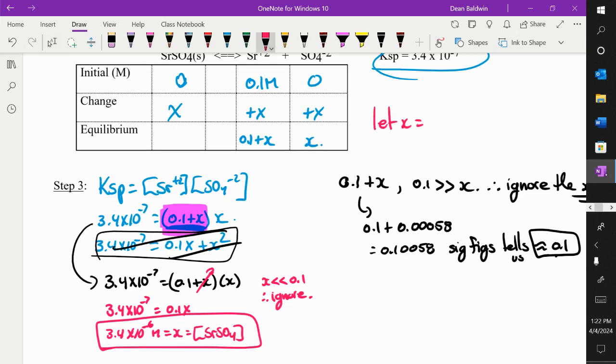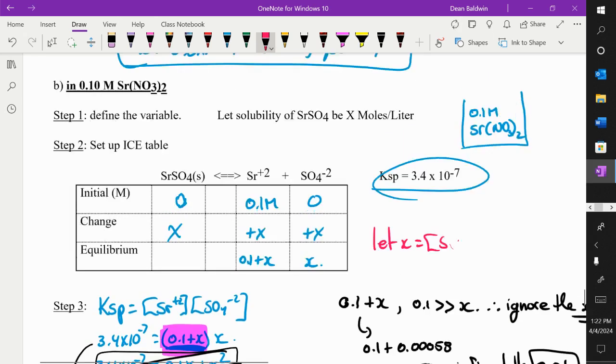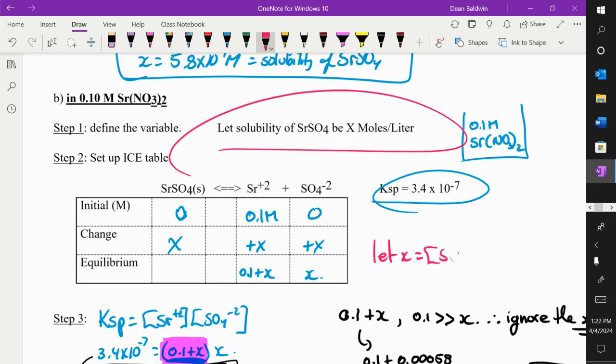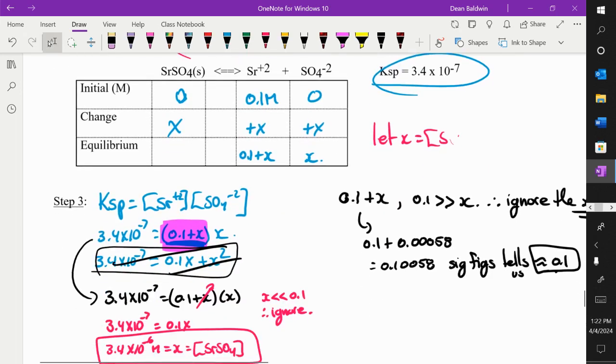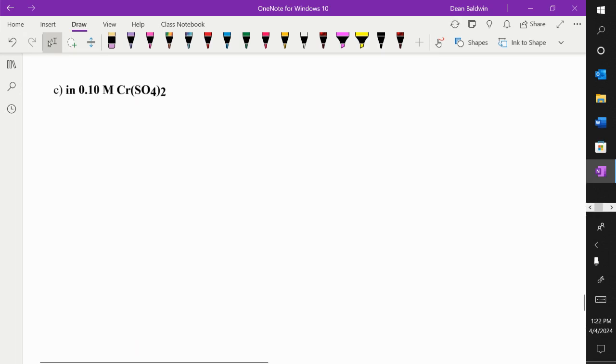Let X equal concentration of SrSO4. Oh, there it is, right there. Look, I will be forgiving. I actually don't even know what that means. I don't know what it means either.